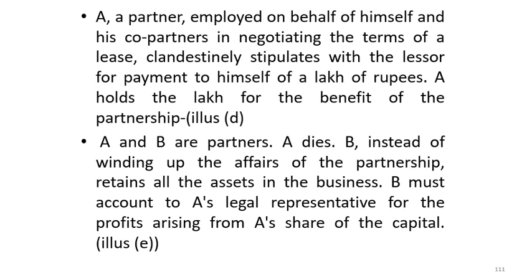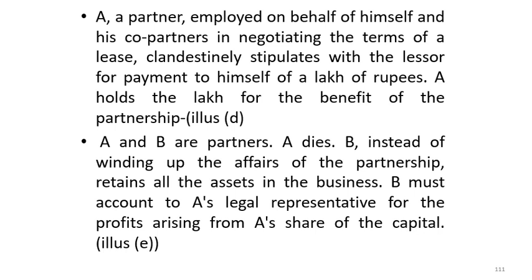Illustration E. A and B are partners. A dies and B, instead of winding up the affairs of the partnership, retains all the assets in the business. B must account to A's legal representative for the profit arising from A's share of the capital.